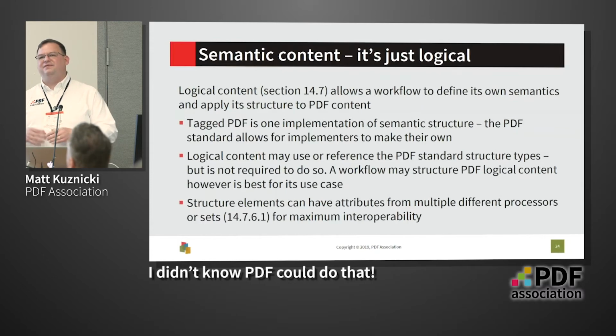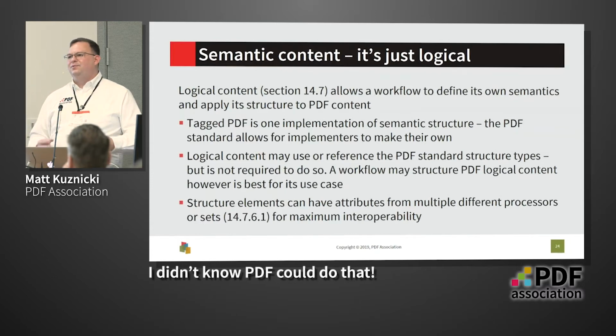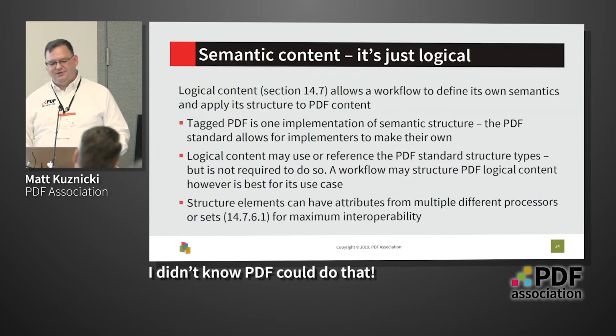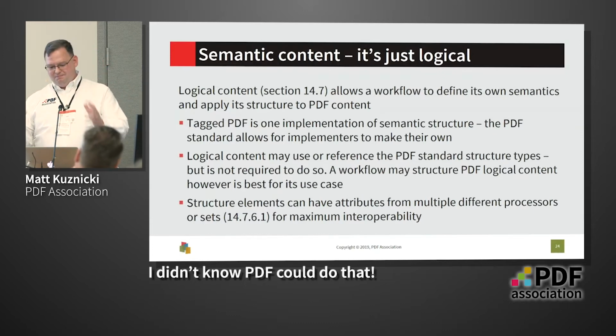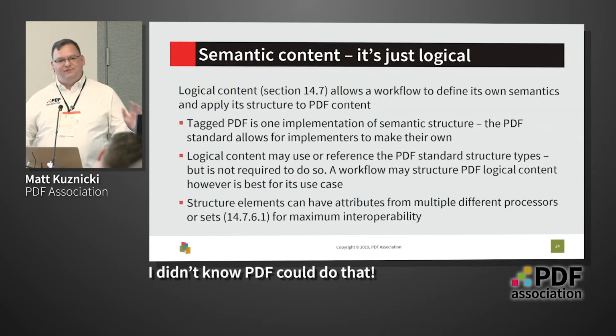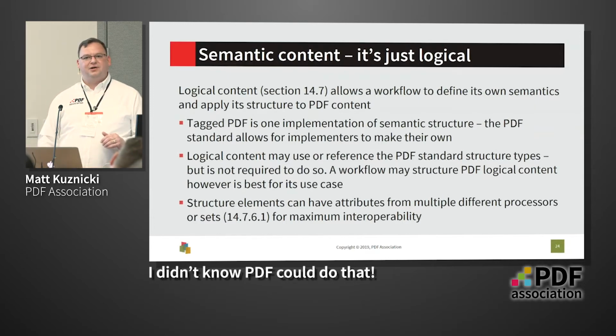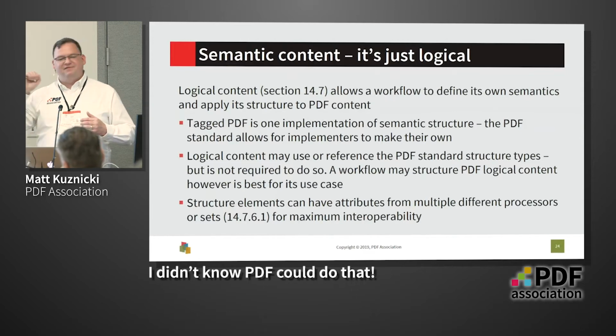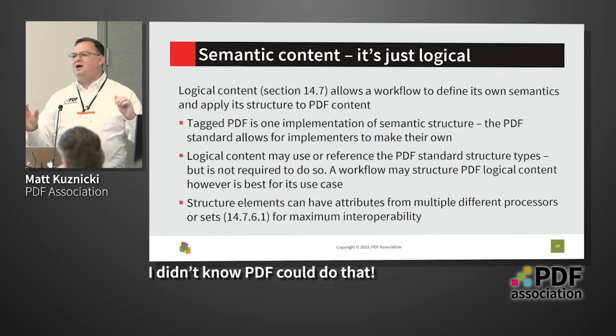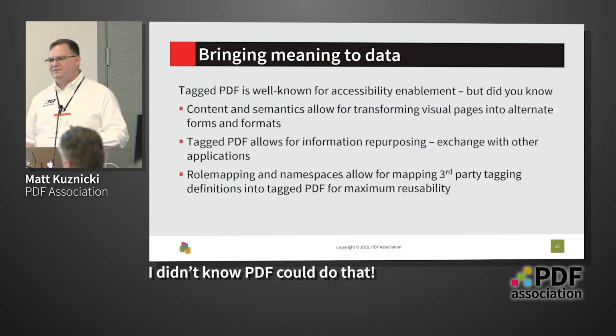So this makes it fairly trivial to represent XML encodings in PDF or other markup languages in PDF semantic structure through logical content. We can even put multiple attributes from different sets on structure for maximum interoperability. So I may have MathML attributes, I may have HTML attributes as well on the same content for use with different processors.